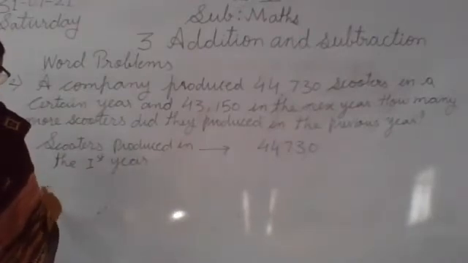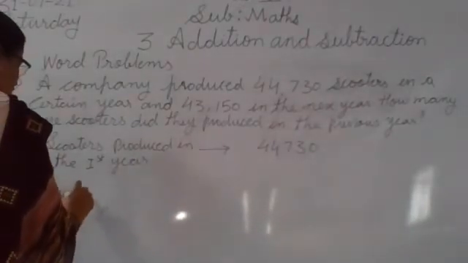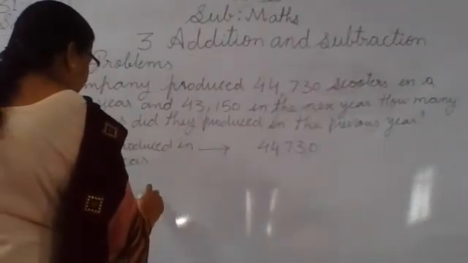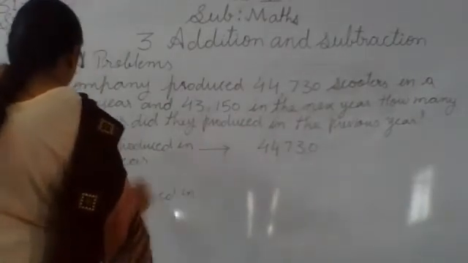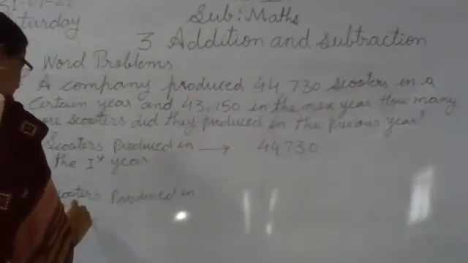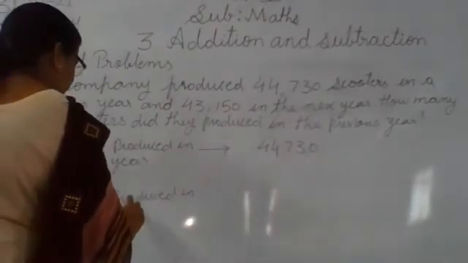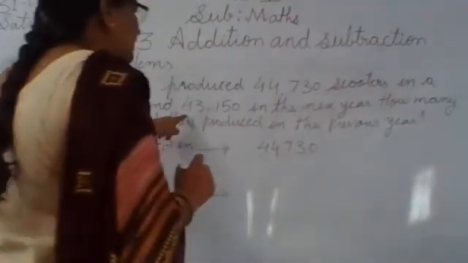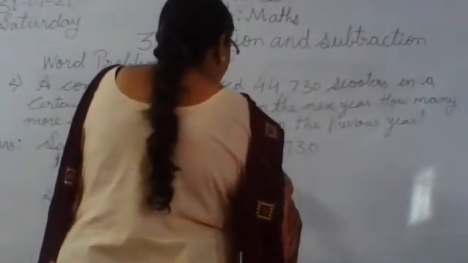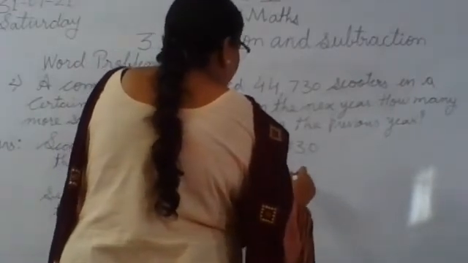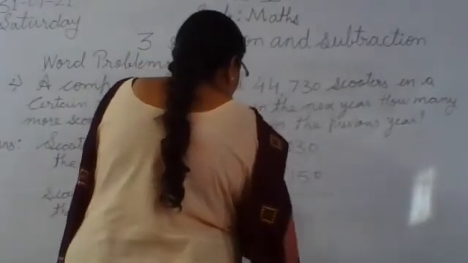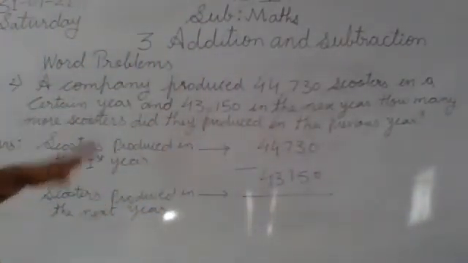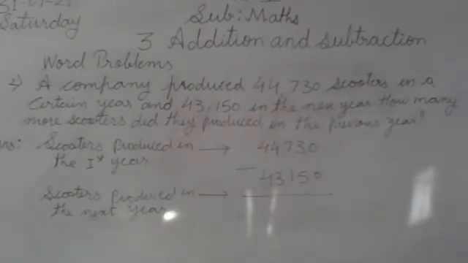And scooters produced in the next year, how many? It is 43,150. And we will find the difference. So we will get the answer, that much scooters they produced more in the previous year.